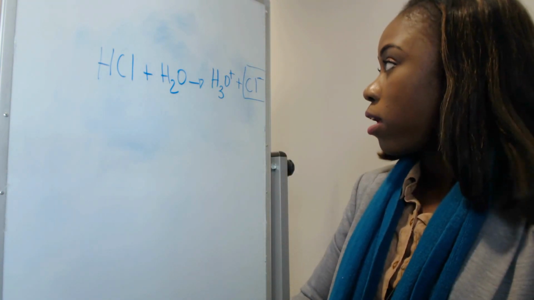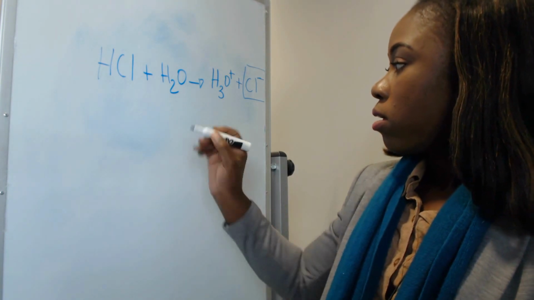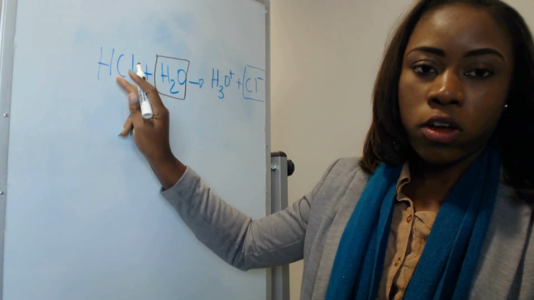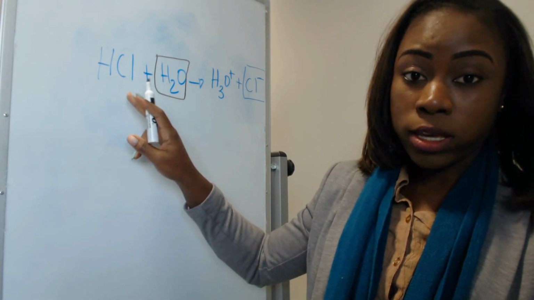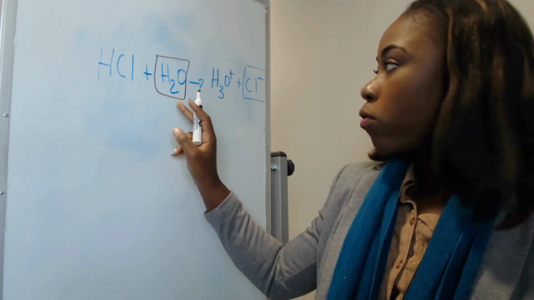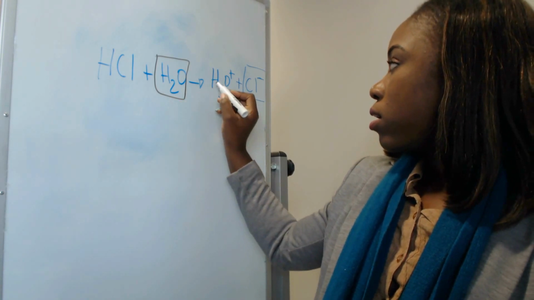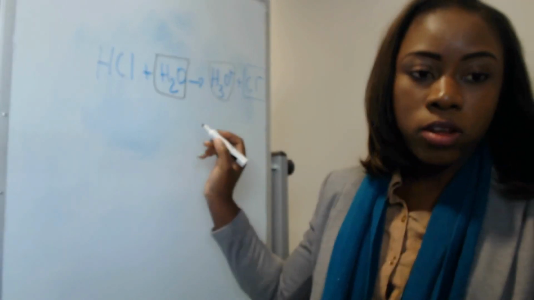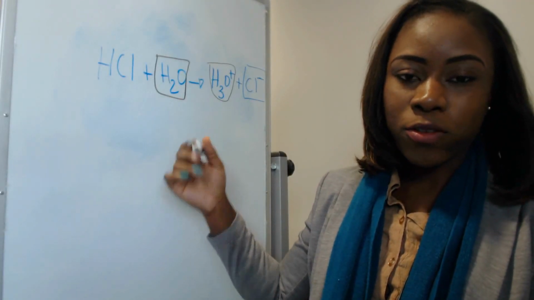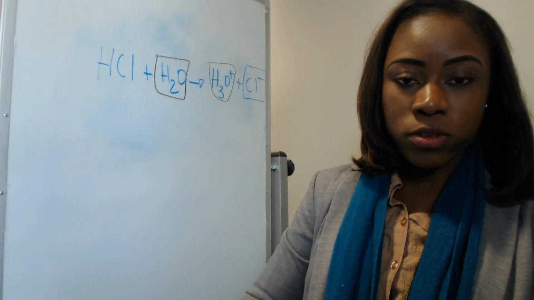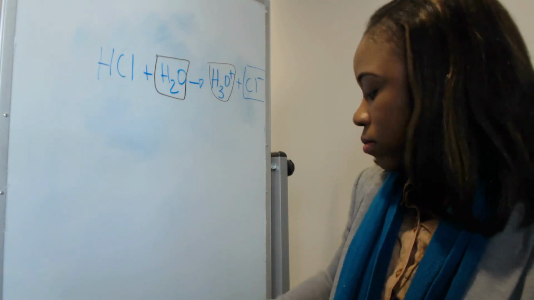And the same thing, since water accepts a proton from hydrochloric acid, it is actually considered as a base. Therefore, this will be the conjugate acid, if you want to call it that way. So I'm going to do more examples so that you can understand the concept.